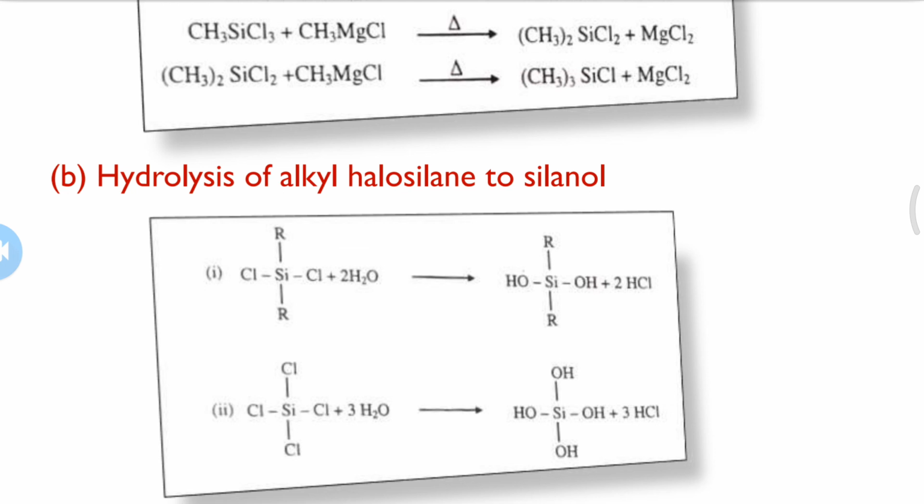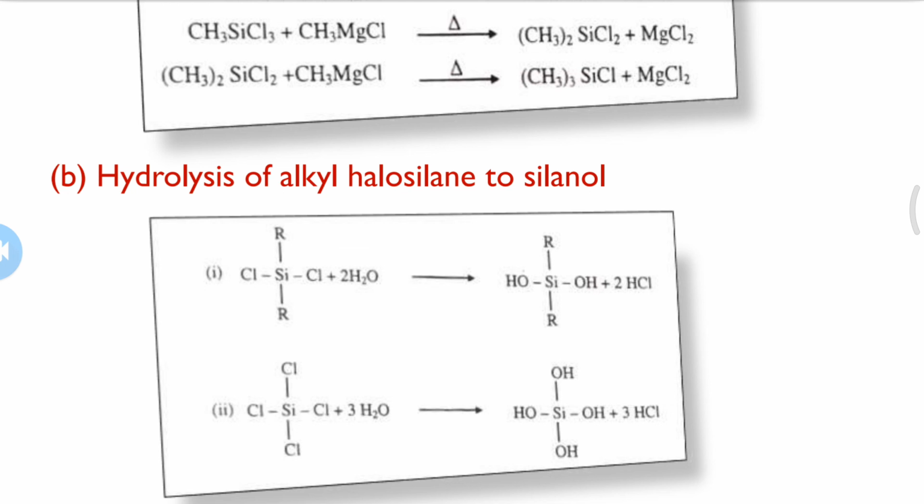First, tetrachlorosilane is treated with Grignard's reagent, methyl magnesium chloride, to form trimethyl silyl chloride, and this dichloro dimethyl silyl chloride is treated with water to form silanol.